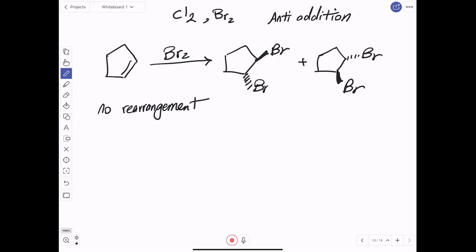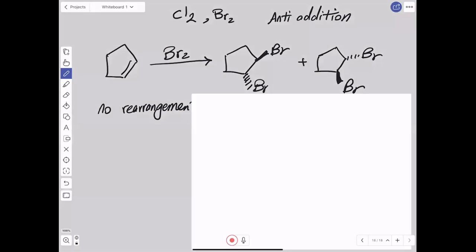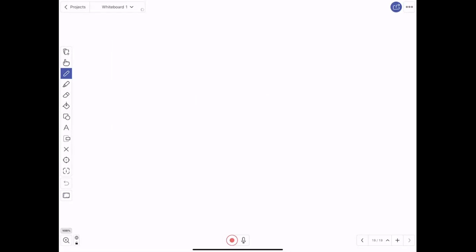But in halogenation of alkenes, carbocation rearrangement is not observed. So there is no carbocation. And there's some evidence that shows the intermediate is something like this.